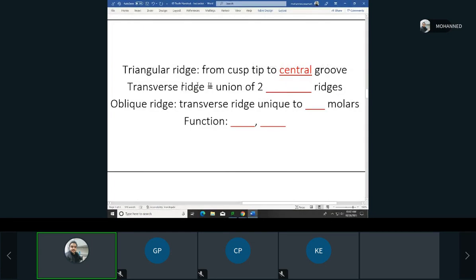A transverse ridge is the union of two triangular ridges. And we have a unique ridge called the oblique ridge that is unique to the maxillary molars. The function is to grind or crush.